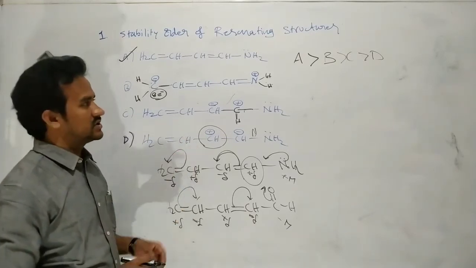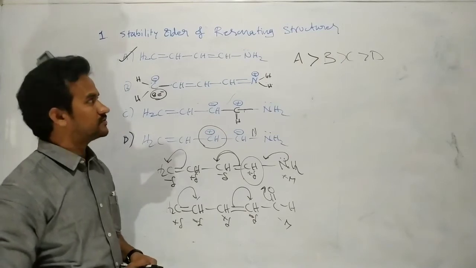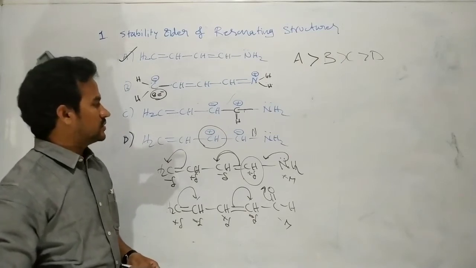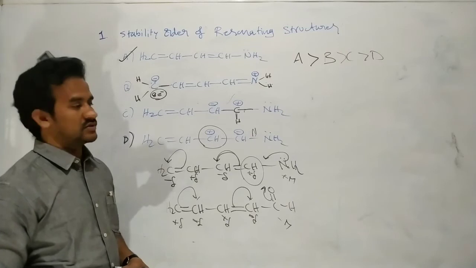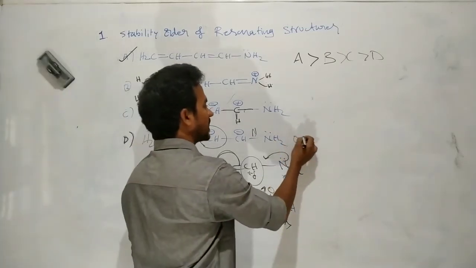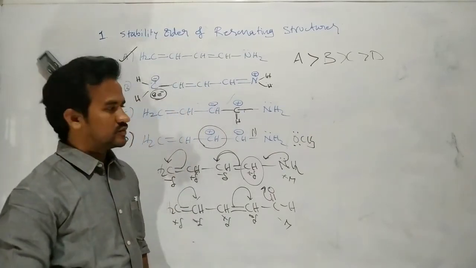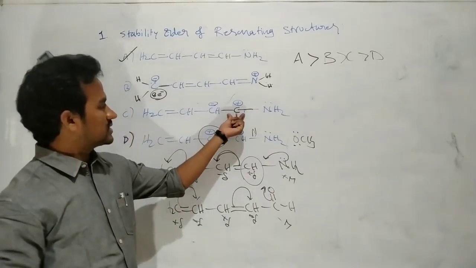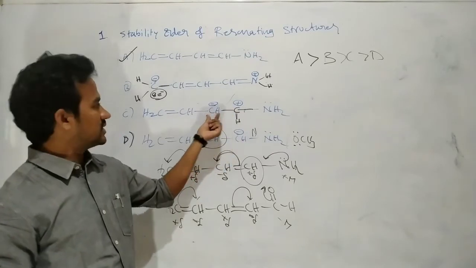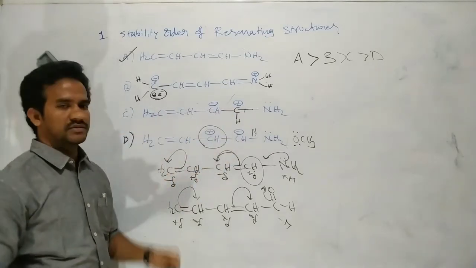Okay, that's it. So, the least stable resonating structure. This is the previous type of question actually. Which of the following is the least stable structure? Here NH2 or we can write OCH3. In this case also OCH3 is donating, so this carbon can have the positive charge and this one the negative.